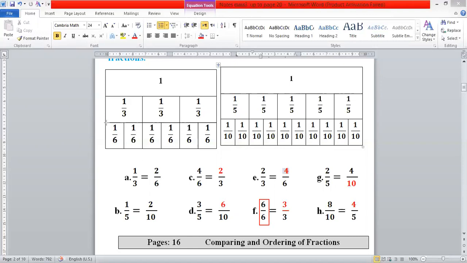So it means this area is covered by 6 over 6. And we know that this area is equal to this area. Now add these 3 parts, 1, 2, 3. 1 over 3 plus 1 over 3 plus 1 over 3. That is equal to 3 over 3.